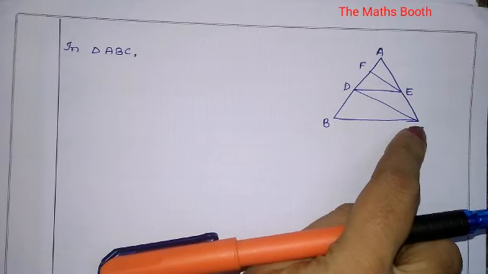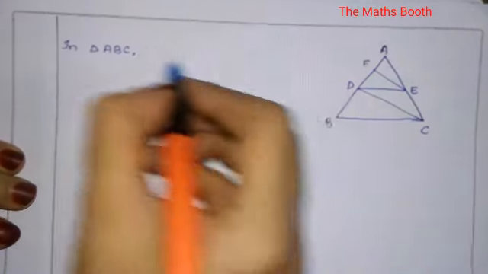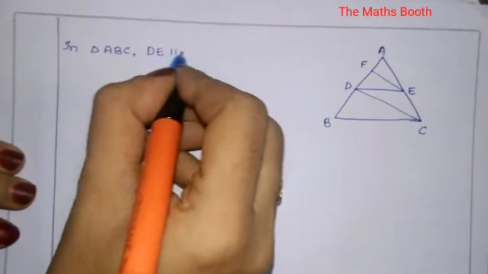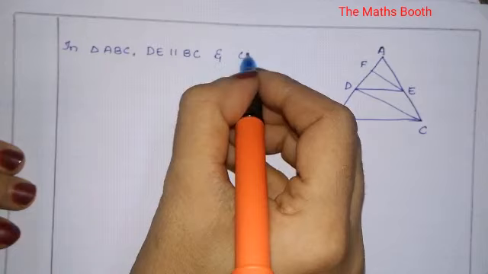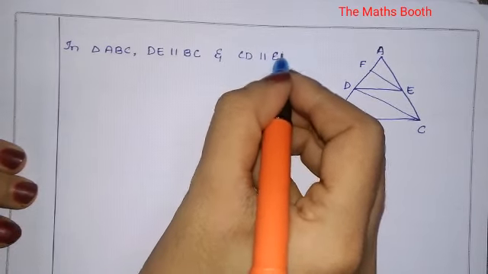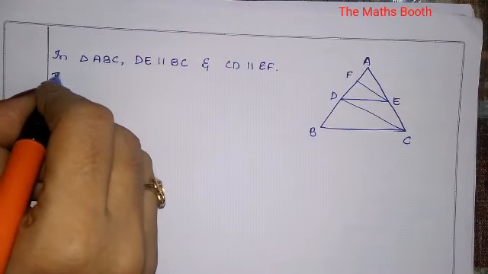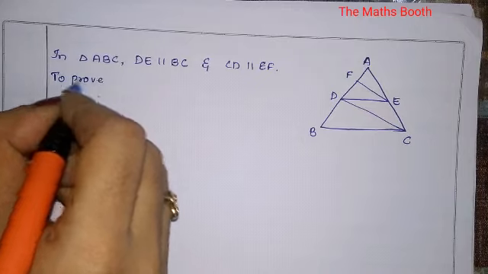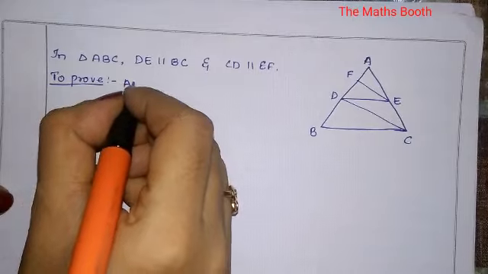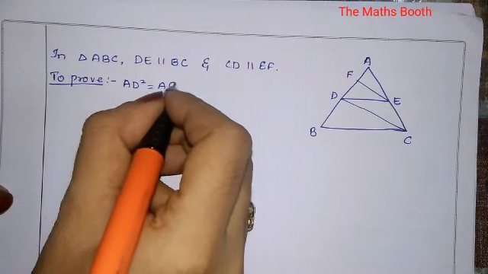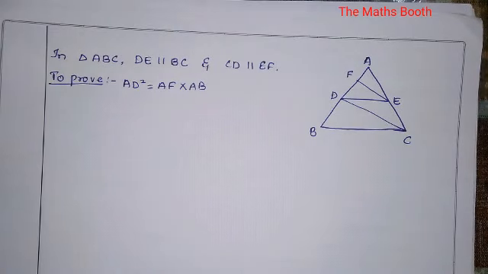In triangle ABC, DE parallel to BC and CD parallel to EF. This is given. Then what they have told us to prove, our focus should be on what to prove. To prove: AD square is equal to AF into AB. This we have to prove.